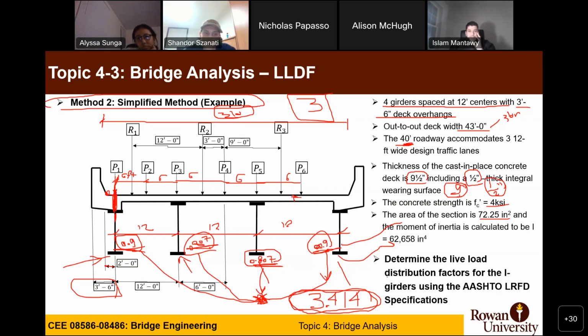Do you guys see my slide or your slide? Is it because of the multiple presence factor? No. Is it because the width of the deck isn't completely used?